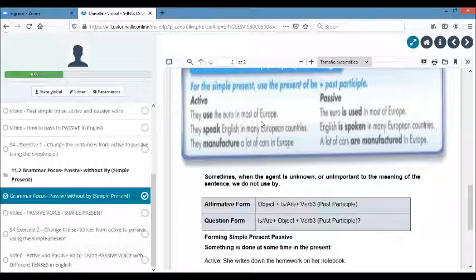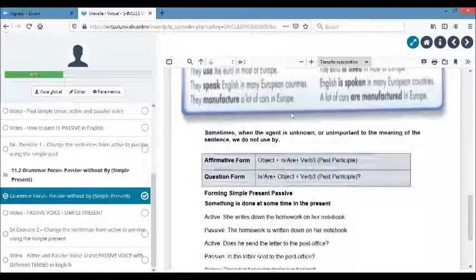Example number 2, they speak English in many European countries. Passive. English is spoken in many European countries, okay? So do you see the difference? I think this is a little bit easier for you because it's not much that complicated because we don't use by, and the sentences are a little bit short, okay?